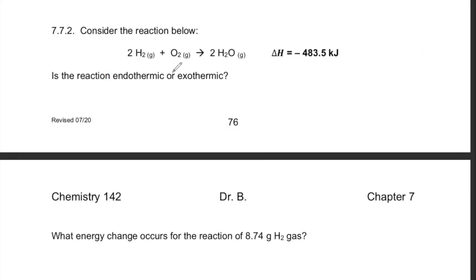All right, unfortunately we have a page break here, but here we have a negative delta H, and that means that the reactants are higher in energy than the products. Energy is coming out of this reaction. This would be an exothermic reaction.